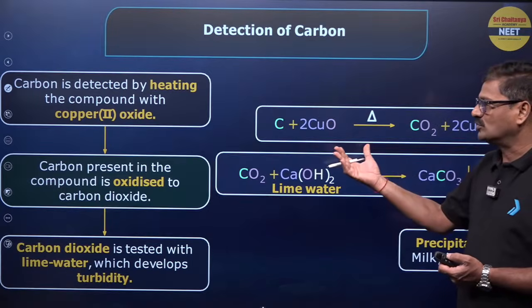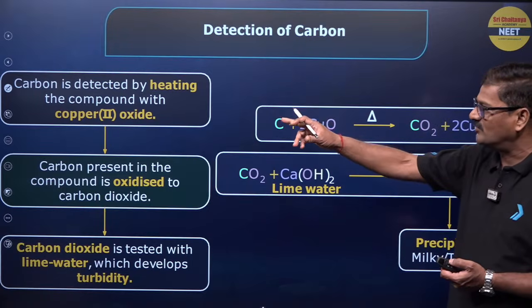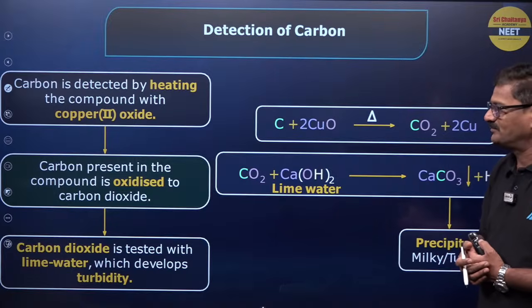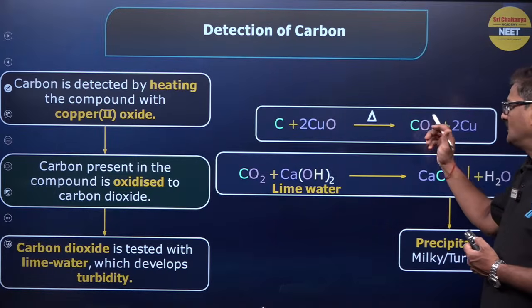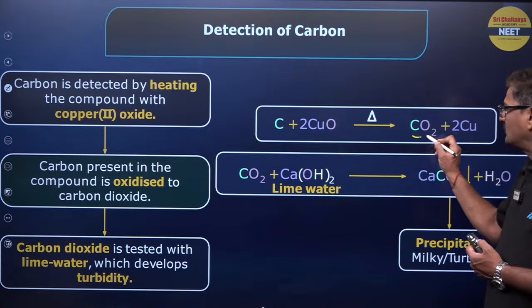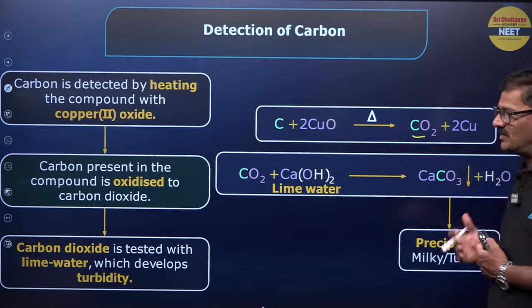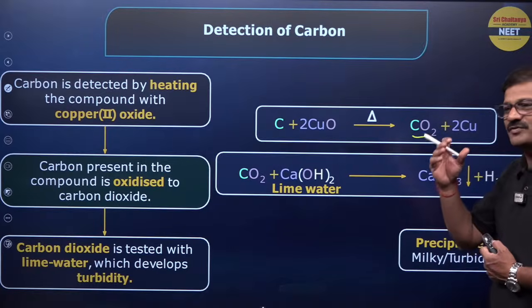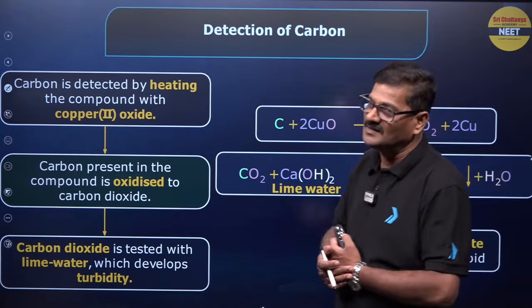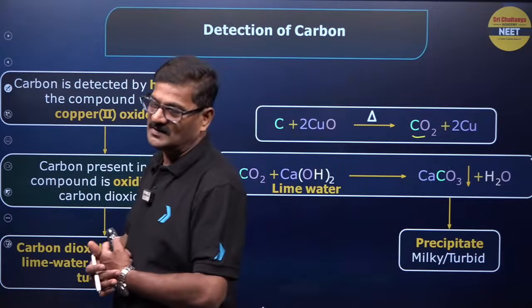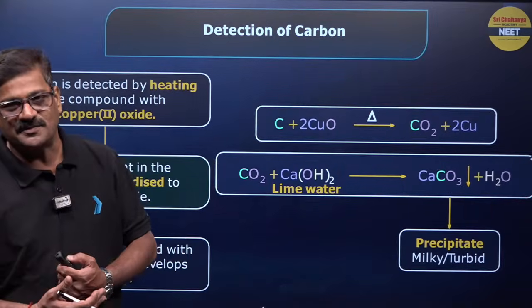So it is passed through. Carbon is detected by heating the compound with copper 2 oxide. So with copper 2 oxide, carbon is converted into carbon dioxide. This carbon dioxide is going to turn lime water milky. So whenever lime water turns milky, we can say turbidity is seen, we can say carbon is present.